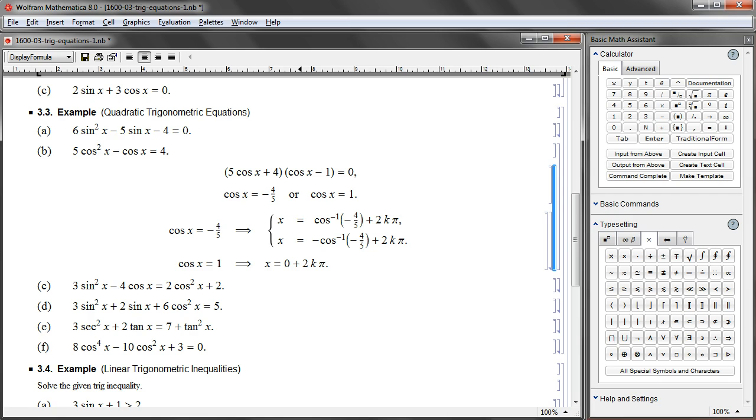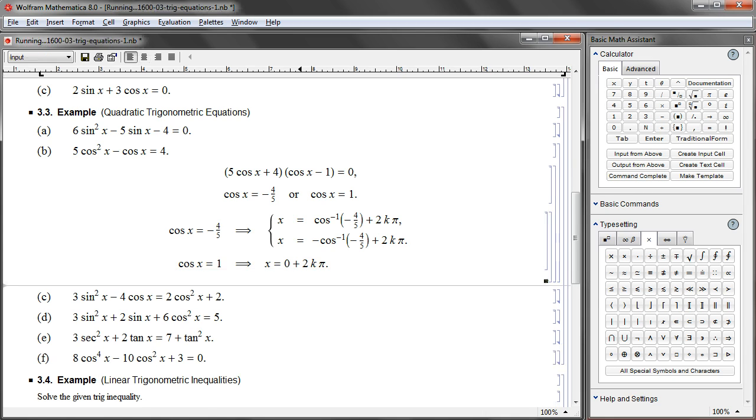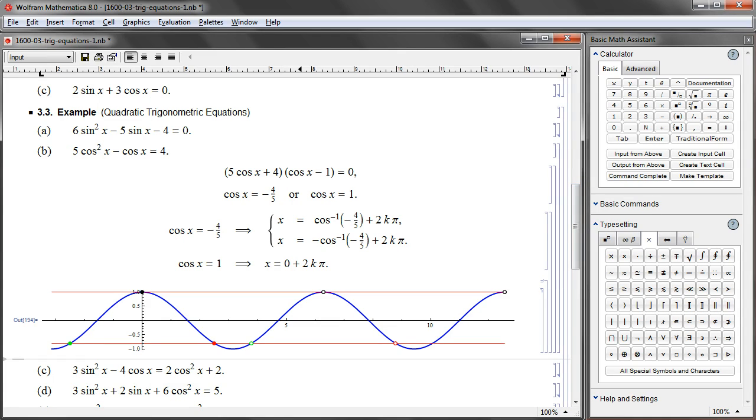So we have those pair. But in this case, 0 and negative 0 will not make any difference. As a matter of fact, those pair of points collided each other at the top, at the peak, and we have just one solution. Here's a visualization, by the way. The red one is the first solution.